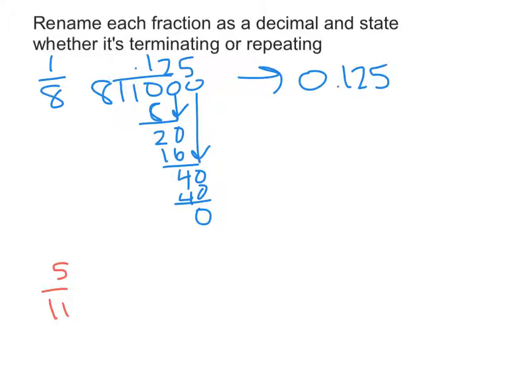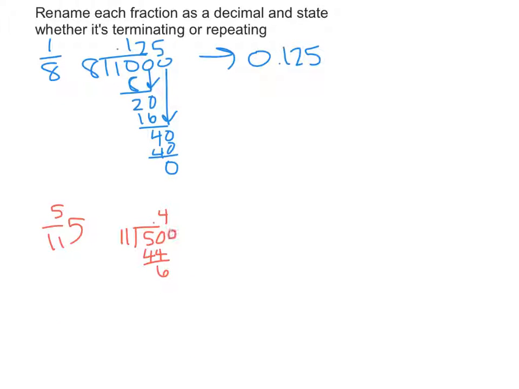Now let's try 5 over 11. We have to do bottom into top. So we're doing 11 into 5. 11 can't go into 5, so we have to add a 0 and a decimal. 11 into 50 is 4 with a remainder of 6. And now we bring down a 0. 11 into 60 is 5. 11 times 5 is 55 with a remainder of 5.